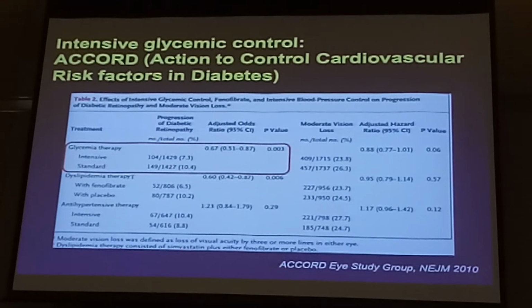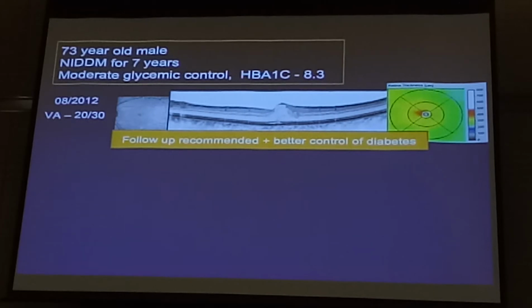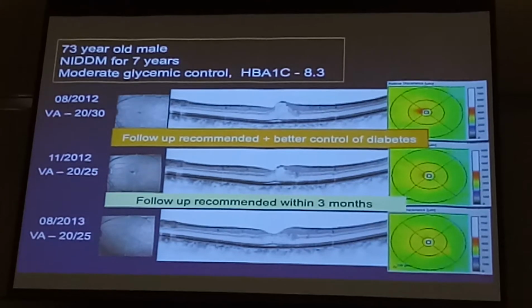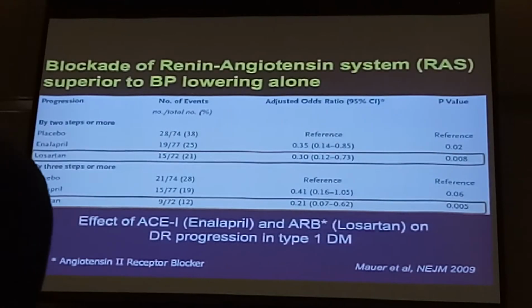We don't really need to control the sugar, think again. Because this is one case, 20/30 vision with center-involved macular edema, poor control, we send the patient away, come back with better control, and you see that it can be reversed. So early diabetic macular edema can be reversed with timely intervention and appropriate treatment of the diabetes.